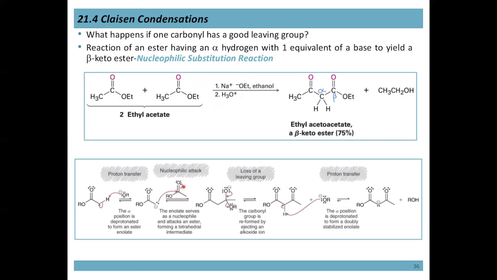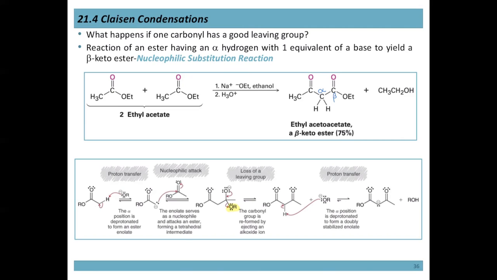So we kick those electrons up onto the oxygen. In the aldol reaction, we stopped here, because we didn't have a leaving group. The key for the Claisen reaction is we actually now have a leaving group on there.